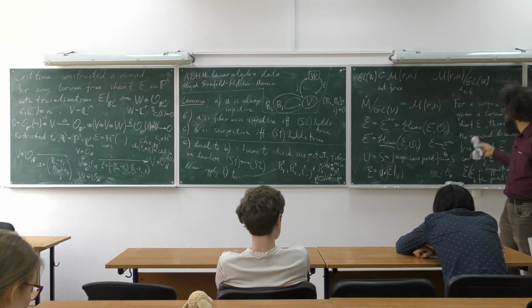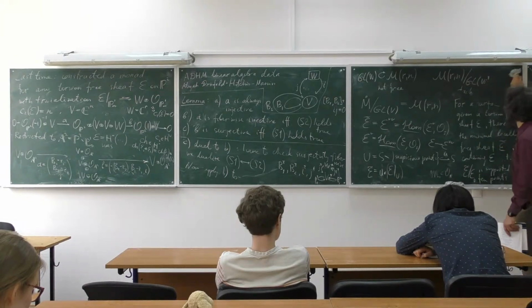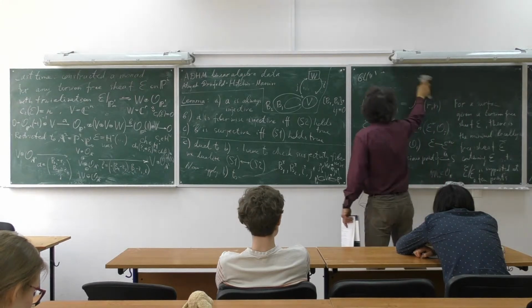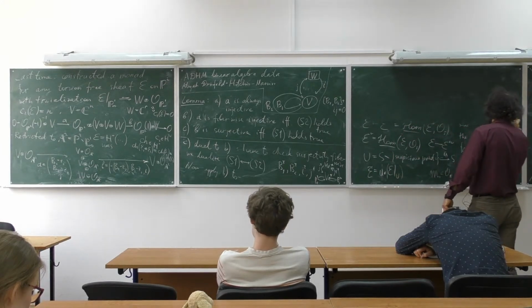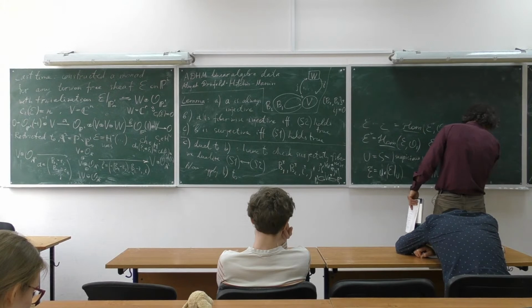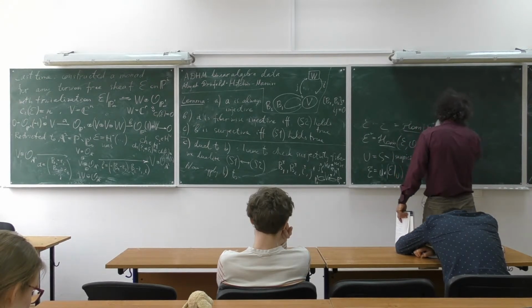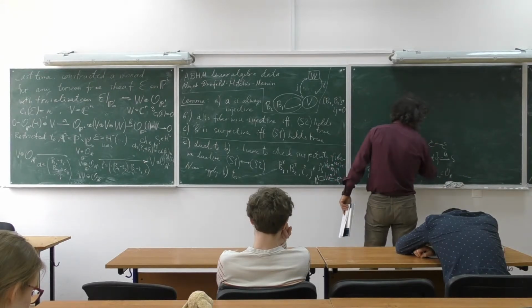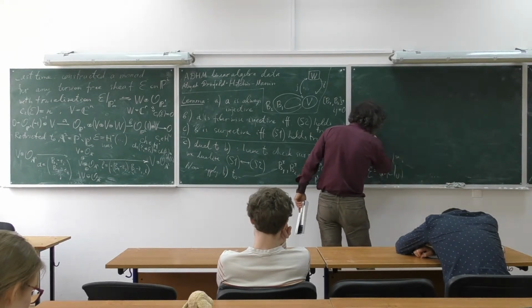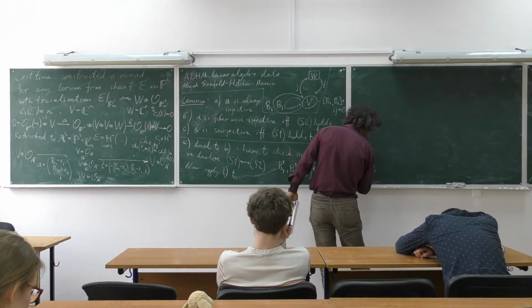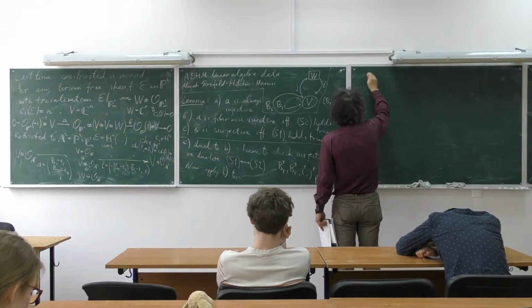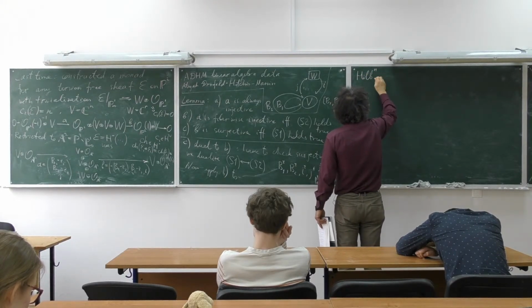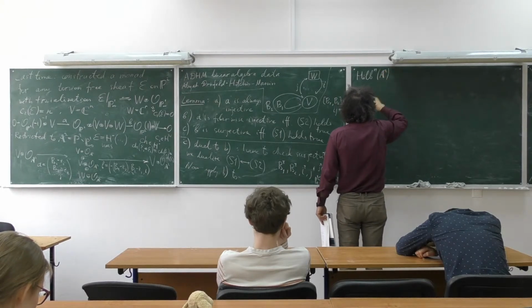Okay, so now we erase this. And we go back to our initial problem of computing the Hilbert scheme of n points on the affine plane.